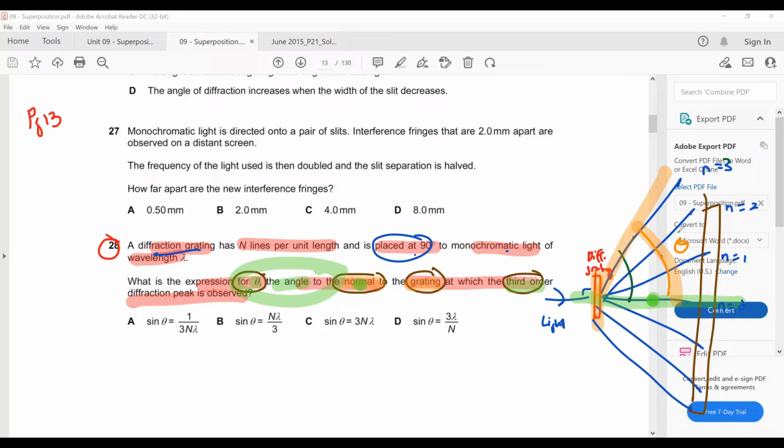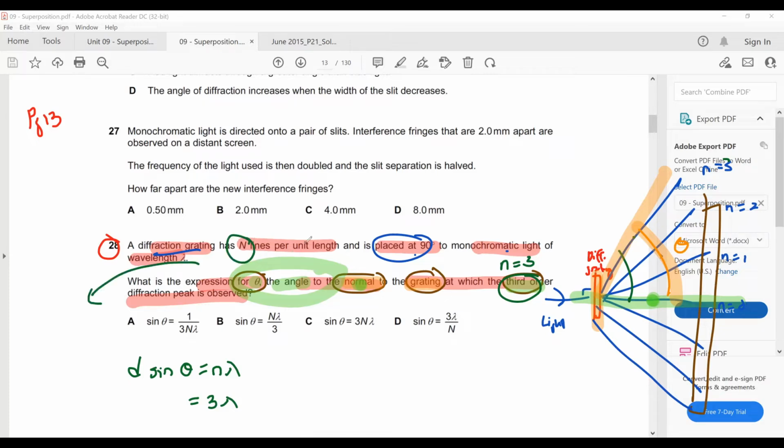All right. So because you already identified that it is a diffraction grating, d sine theta equals n lambda. Because you're dealing with third order, that means n is equal to 3. So this one will be 3 lambda. And then your d, they never gave you the d, but then they gave you n.